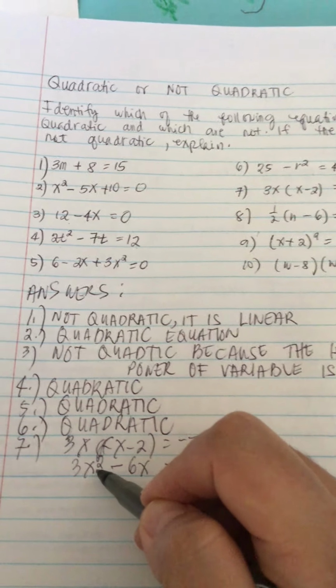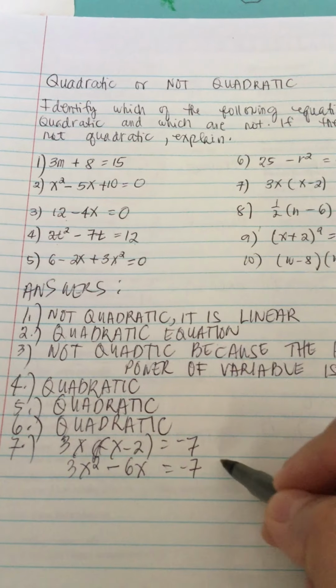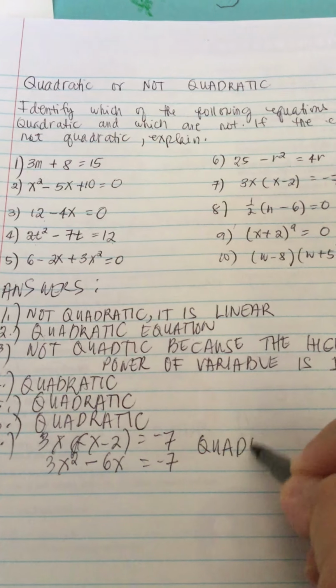So you see, 3x squared. So highest power of x is 2. So number 7, it is also a quadratic.